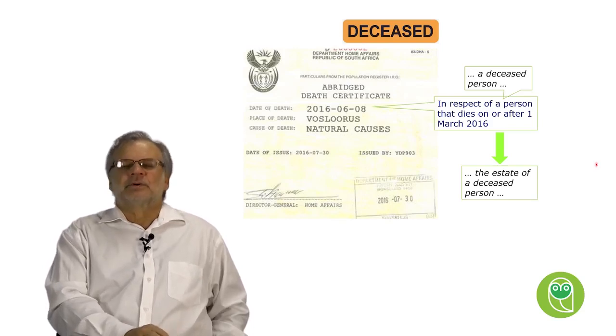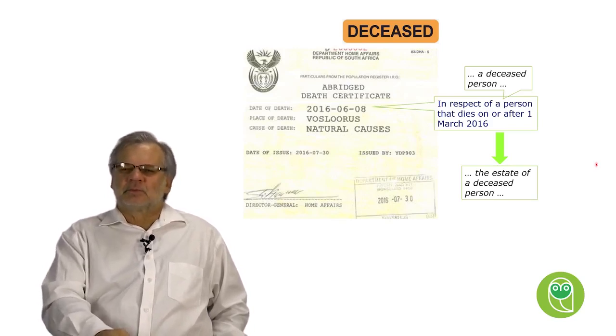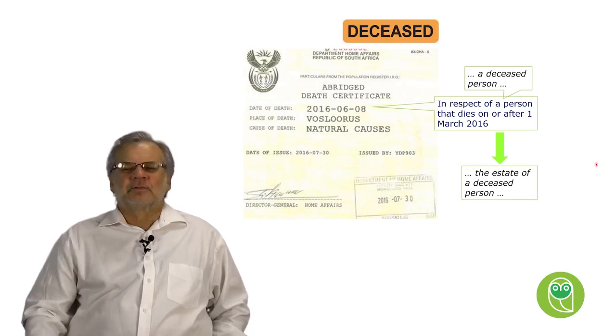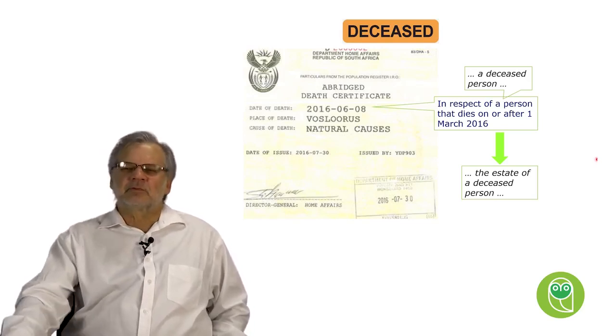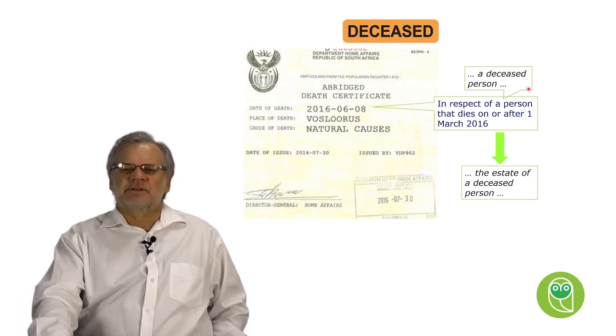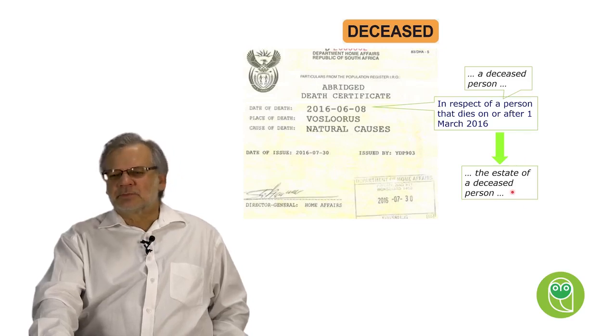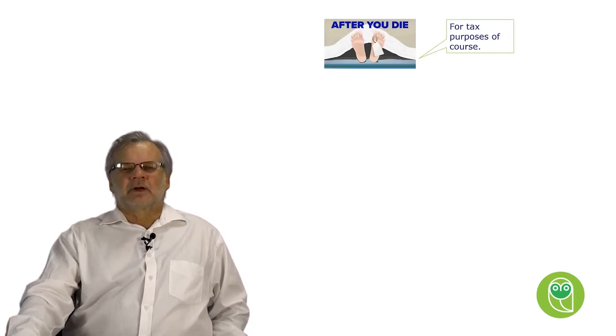Now, important to stress that the estate of the deceased person is a separate taxpayer to a deceased person. So we have the word deceased in both of them, but we must not confuse it. And I actually find that most of the people that have questions about it confuse the two. So there's one person, it's a deceased person, and the other, from a tax point of view, is the estate of the deceased person.